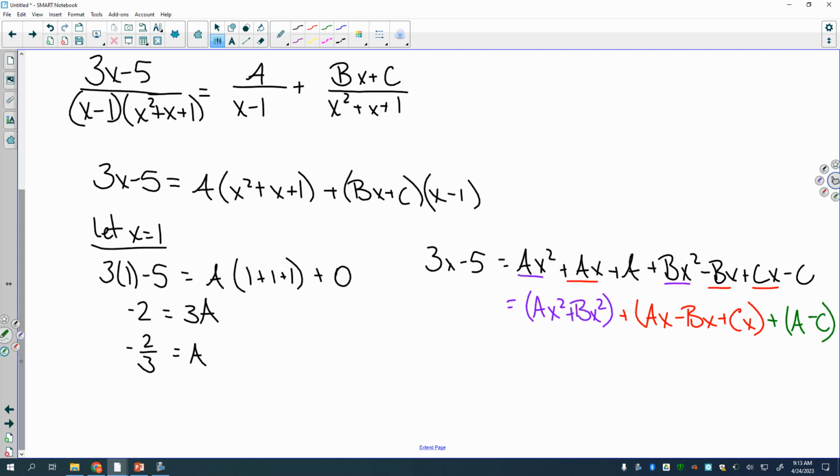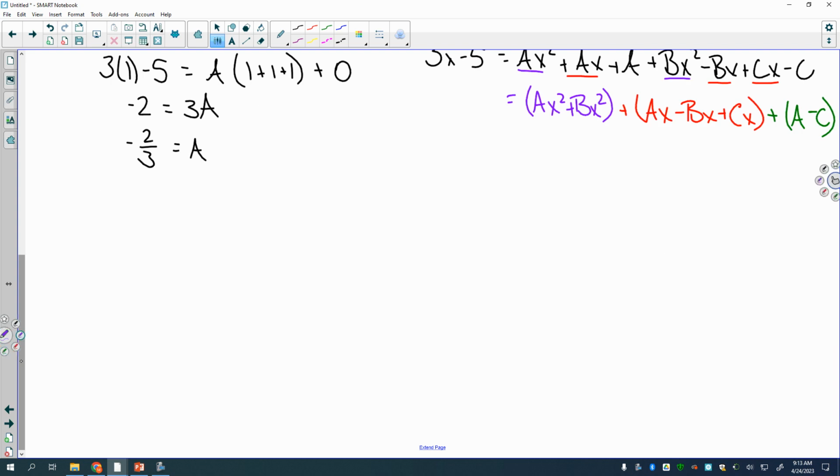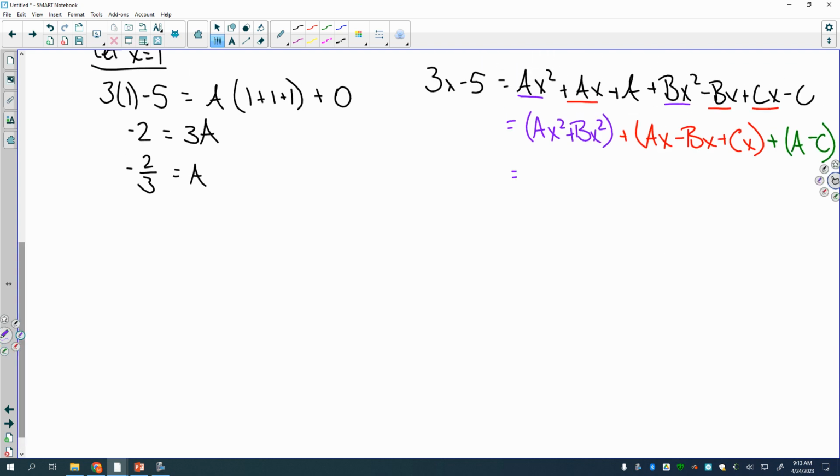And when I do that, I'll simplify down a little bit, do a little bit of factoring in these groups. I can factor out an x squared, I can factor out an x, and the last one I'm just going to leave alone. There's nothing it has in common. So I have this. And what happens here is the x squared here has to match with the x squared on the left side.